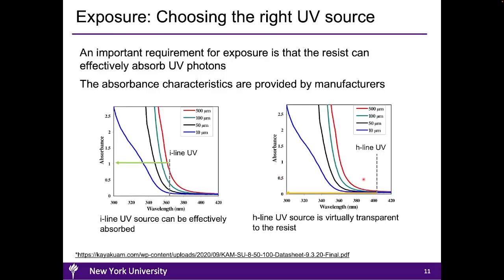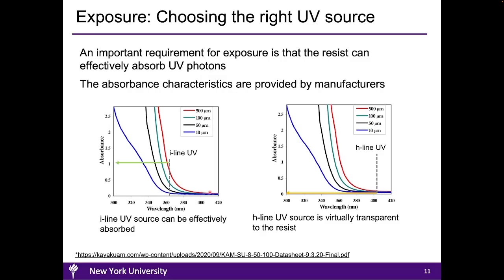An important requirement to successfully perform the exposure is that the photoresist can effectively absorb the UV photons. The plot here shows the absorbance of the photoresist with different thickness as a function of the wavelength. Based on the data here, the absorbance of this example photoresist decreases with increasing wavelength of the light source.